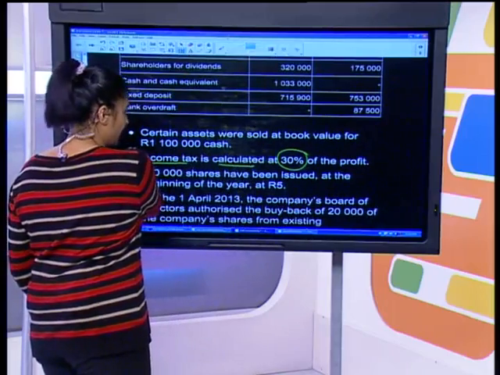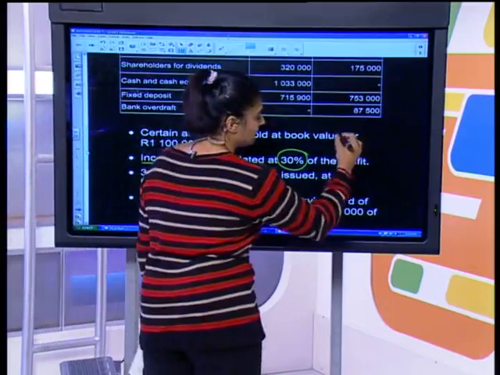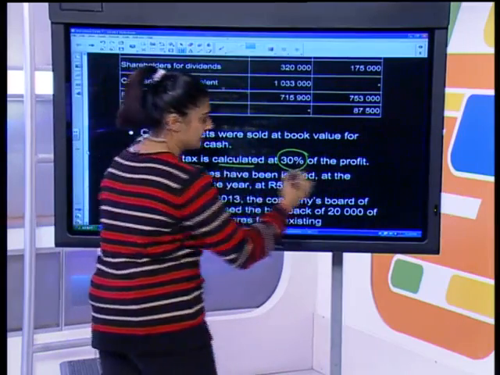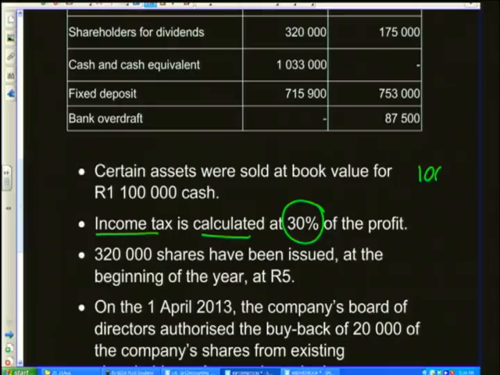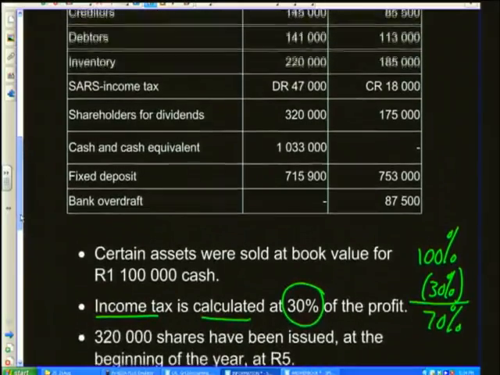Now, in terms of what I'm trying to work out, I'm obviously looking for net profit before tax. Okay, so net profit before tax, guys, is always at 100%. 30% of that is in terms of my income tax, which means net profit after tax as a percentage, in this case, would be 70%. I'm now going to use these percentages to calculate my net profit before tax.